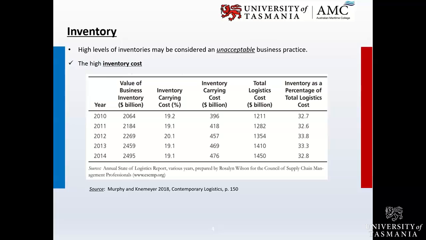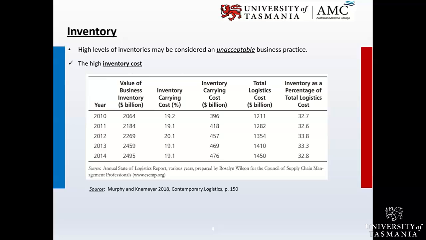So we look at the first column, which shows the year. The second column shows the value of business inventory. For each company, inventory is usually taken as a kind of asset. So here it shows the value of business inventory.